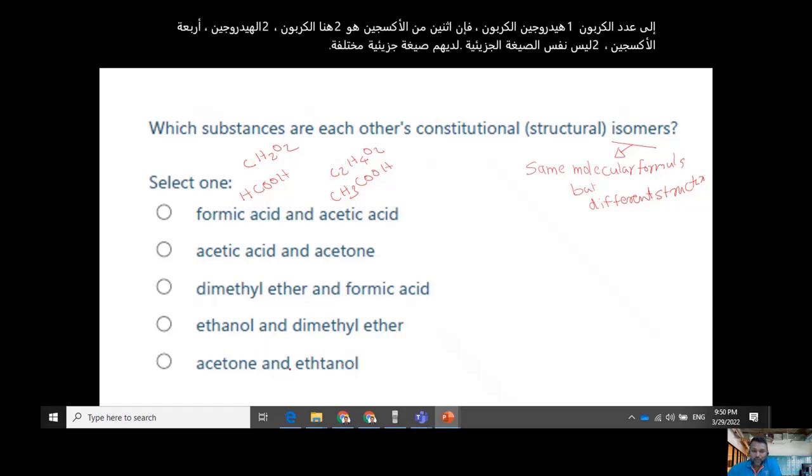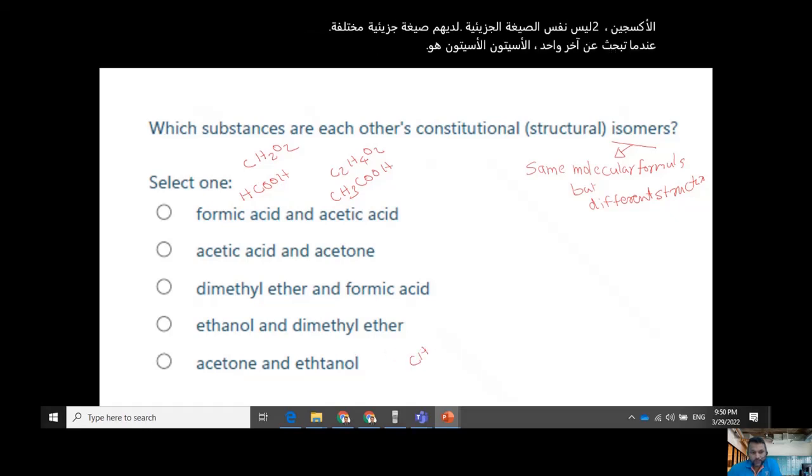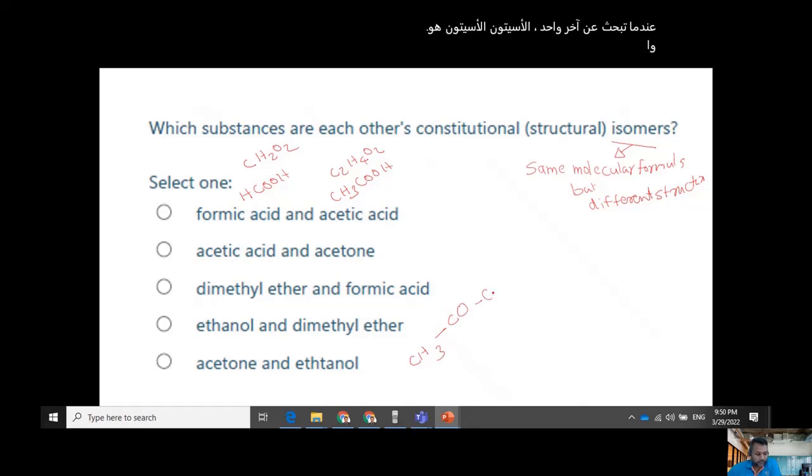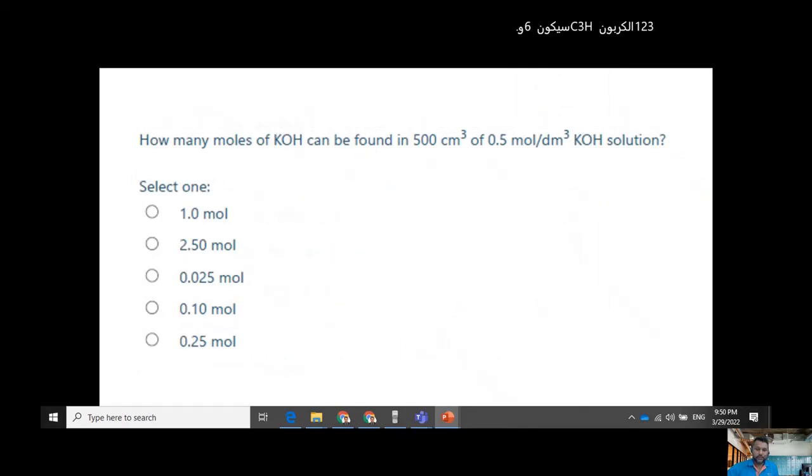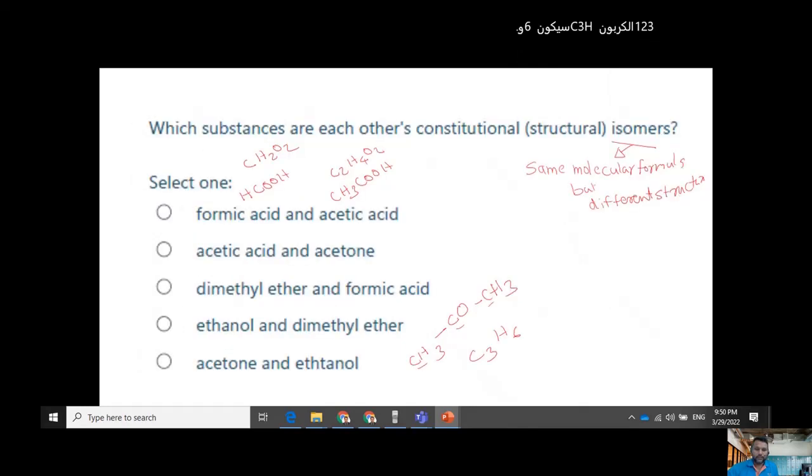When you look at the next one, acetone. Acetone is CH3 CO CH3. So in acetone, 1, 2, 3 carbon, C3, H will be 6, and there is 1 oxygen.